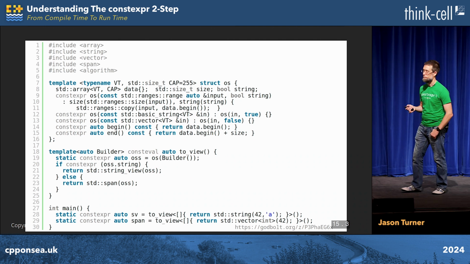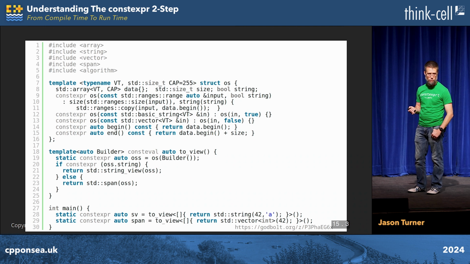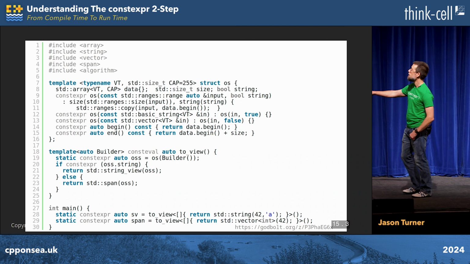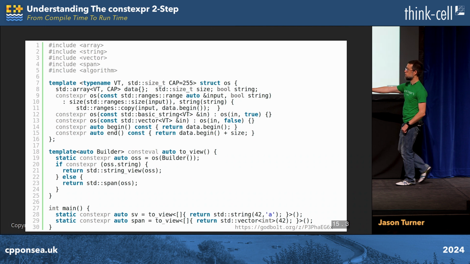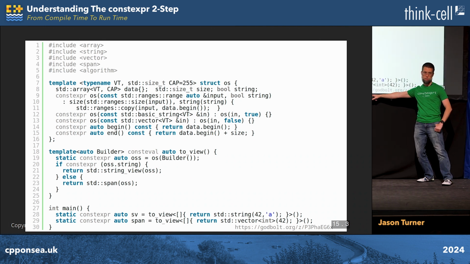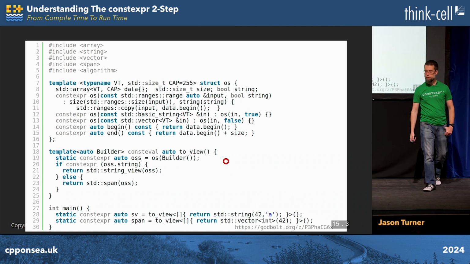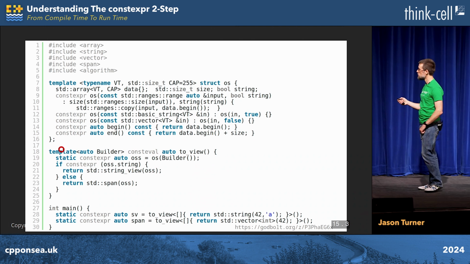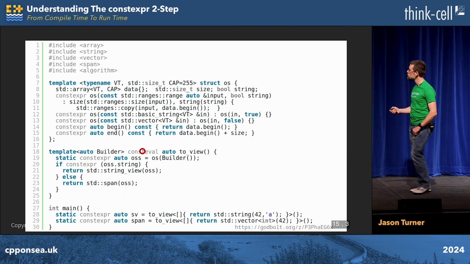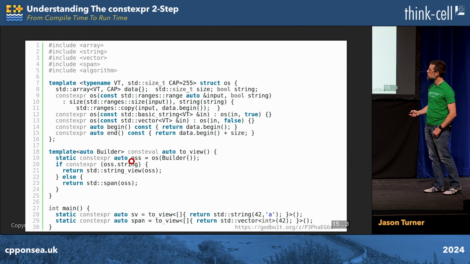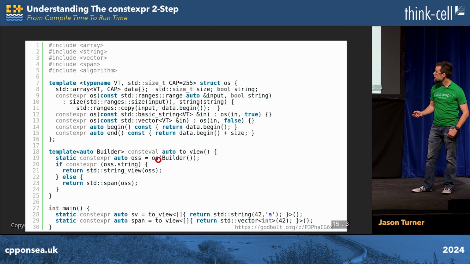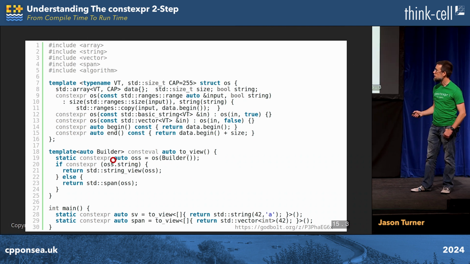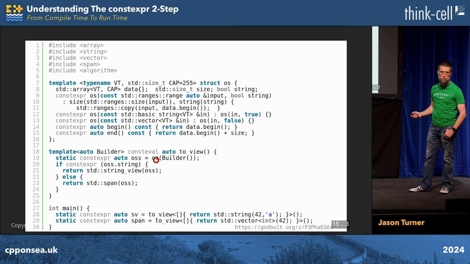Like I said, I'm trying to fit everything on one slide. My limit is 30 lines of code, otherwise it doesn't fit. So there is the oversized array thing from line 7 to 16 that we just talked about. And now my toView got a little bit smarter, but also a little bit simpler. Static constexpr auto OS. I don't know what the type of this thing is going to be, so auto is a great use case here.